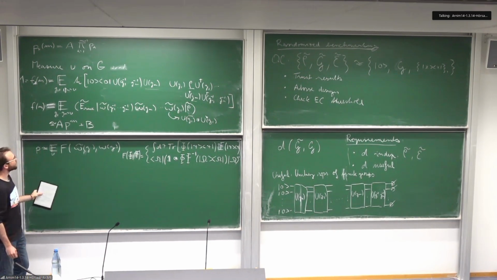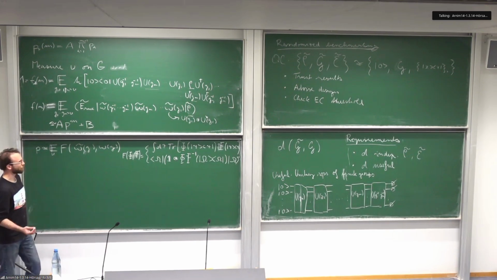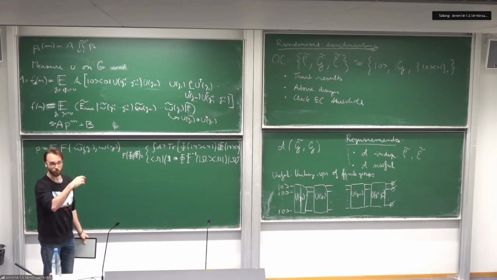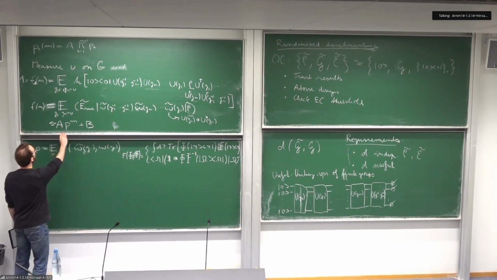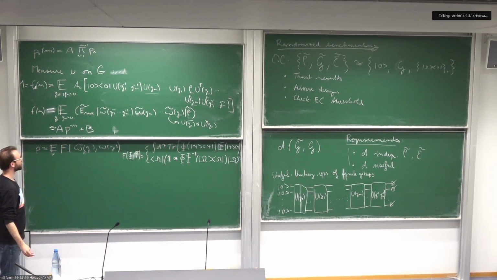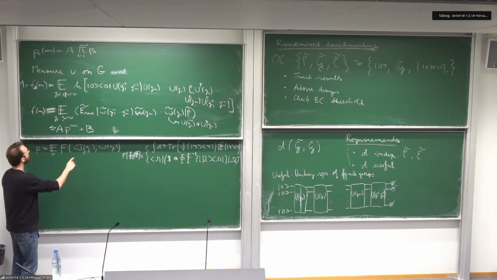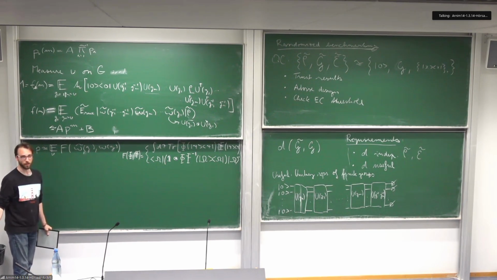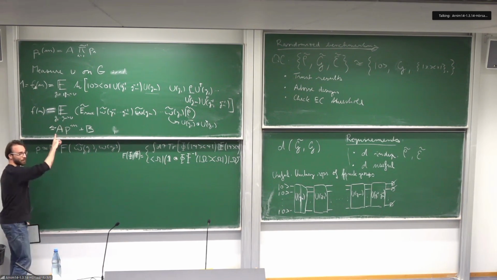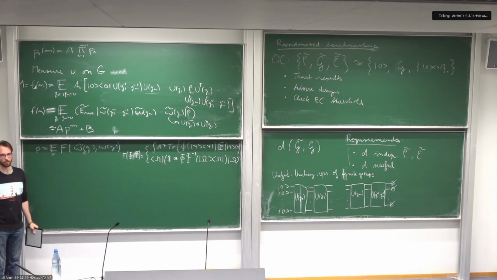The reason why this is interesting: let's take a very simple example. Let's take the finite group to be the Clifford group, and nu to be the uniform measure on this. Then this is a massive average. The number of length m Clifford circuits is massive, so this is not very practical.